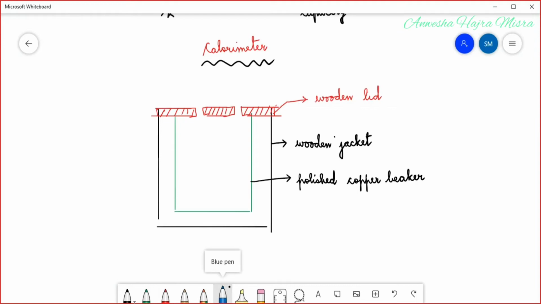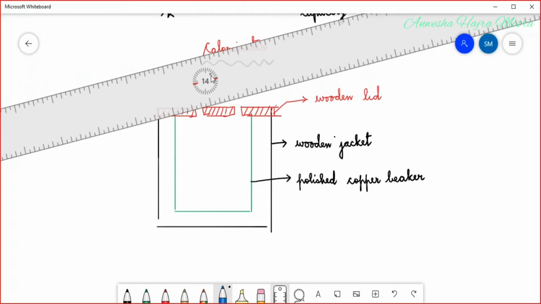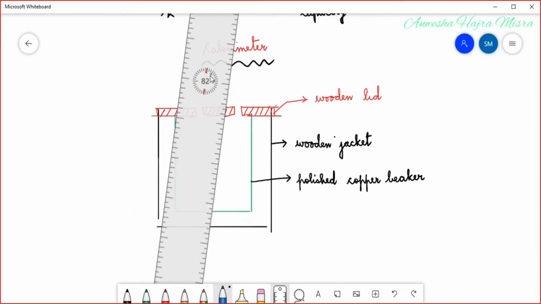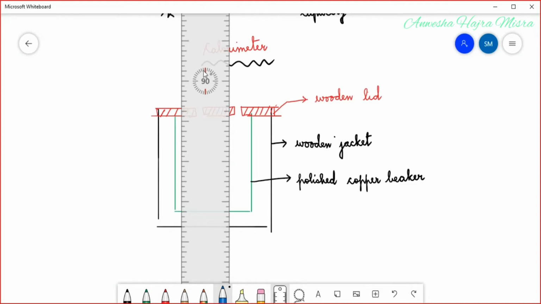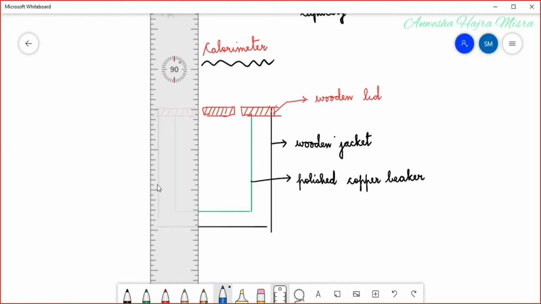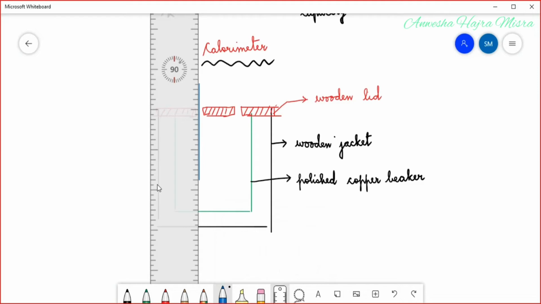Through one hole, we have a thermometer inserted.